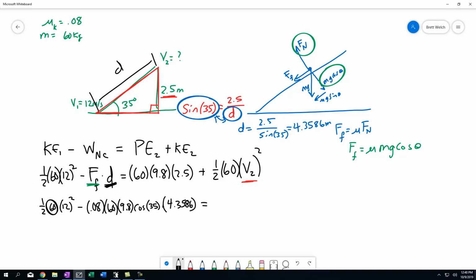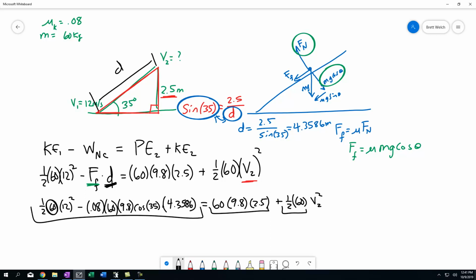That equals 60 times 9.8 times 2.5 plus 1/2 of 60 times v2 squared. The rest of this is algebra. If you just start evaluating stuff, simplify stuff down along the way, like I'd probably clean that up, even clean this up, and then start peeling the layers. This is all one big number. Start peeling those layers, you should be able to find v2. So I'm going to stop there and let you finish the algebra part of it.